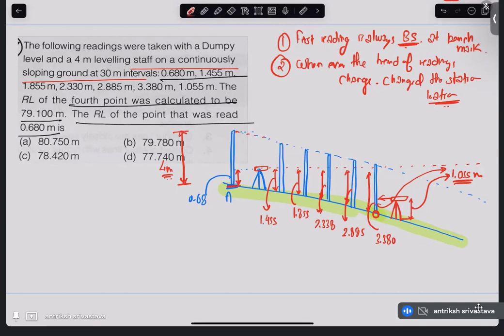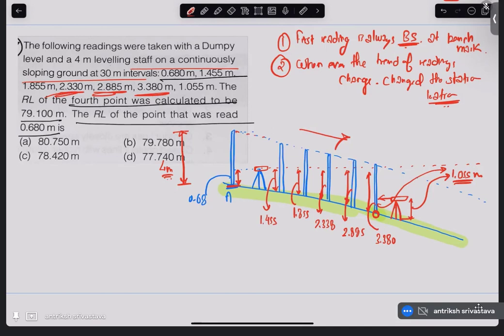The question can be what is the slope of the ground, or whether the ground is sloping downwards, or you are climbing the hill, or you are going downwards. Since the readings are increasing, that means the staff is going down, so you are going down the hill.